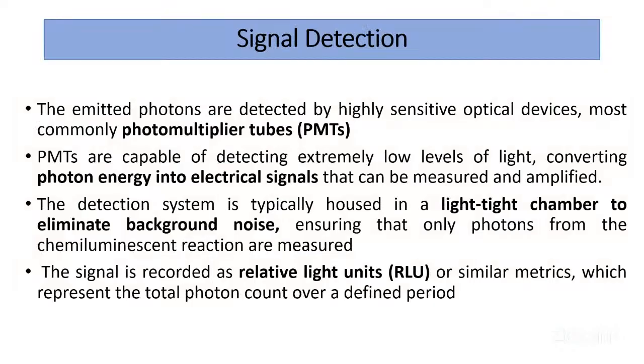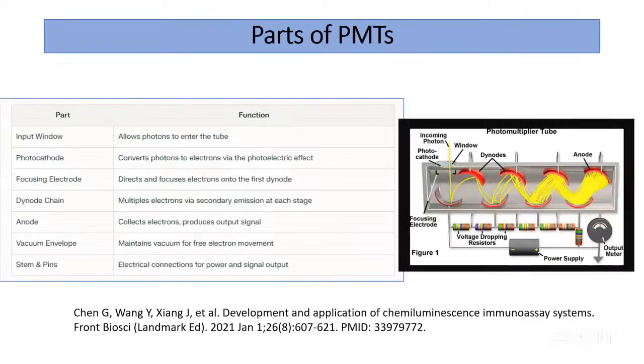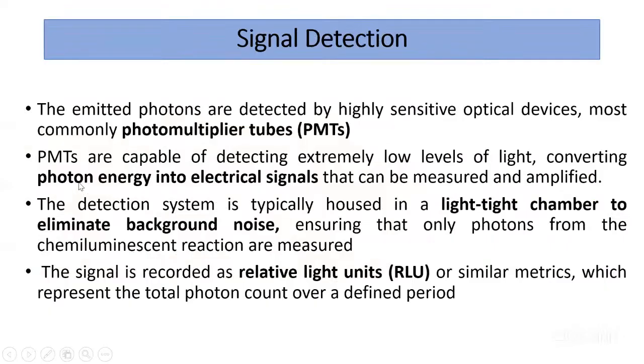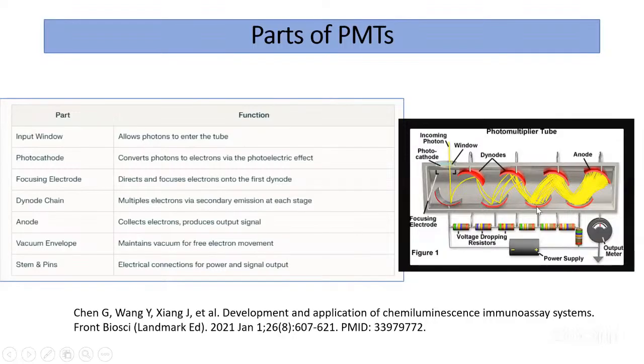So signal detection, whatever light is detected, we're detecting with a photomultiplier tube. What is happening here? The photon energy, the component of light, is getting converted to electrical signals. And because it's a light-tight chamber, there is no background noise. What we are detecting at the end of the day is RLU, that is relative light units. There are a lot of components in the photomultiplier tube, called PMT, where we are converting photon energy into electrical energy.